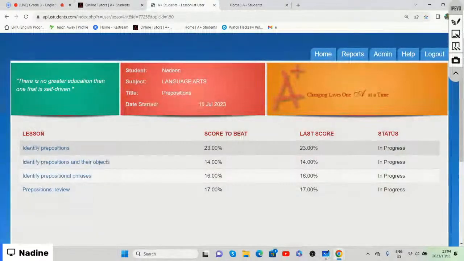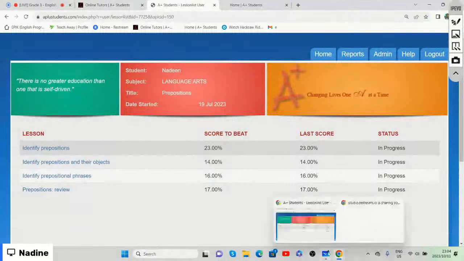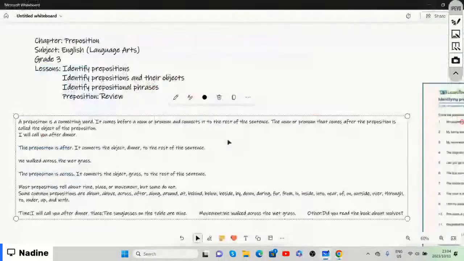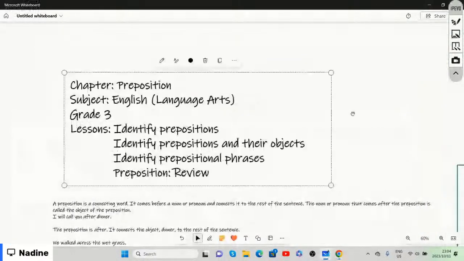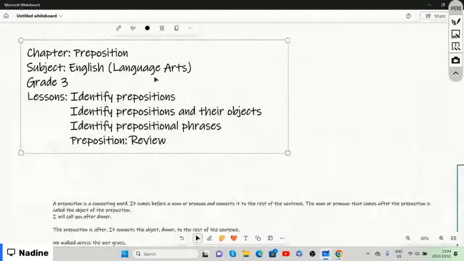And that is going to be our chapter for today. So our chapter is prepositions. Our subject is English language arts. Grade 3.